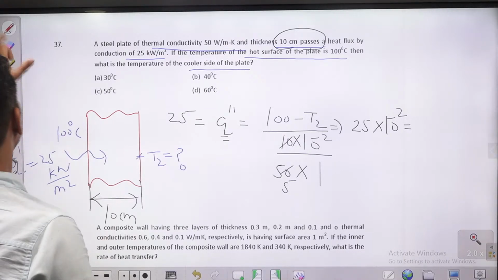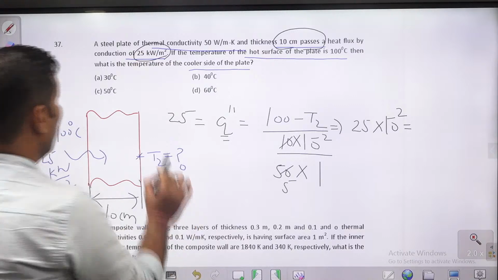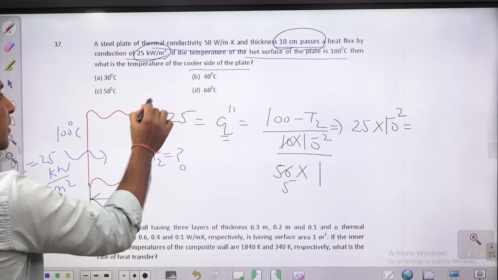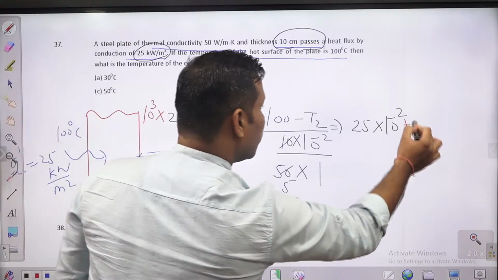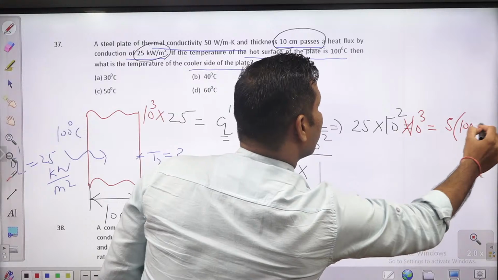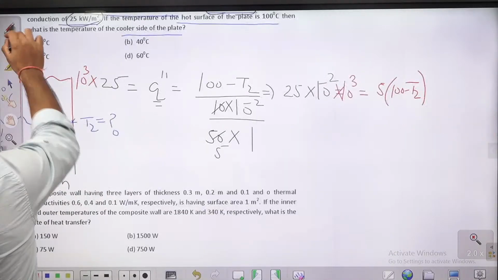What you need to check is that this is 25 kilowatt per meter square, so it will be 25 into 10 to the power 3. Further you need to multiply by 10 to the power 3. So this is equal to 5 into 100 minus T2.